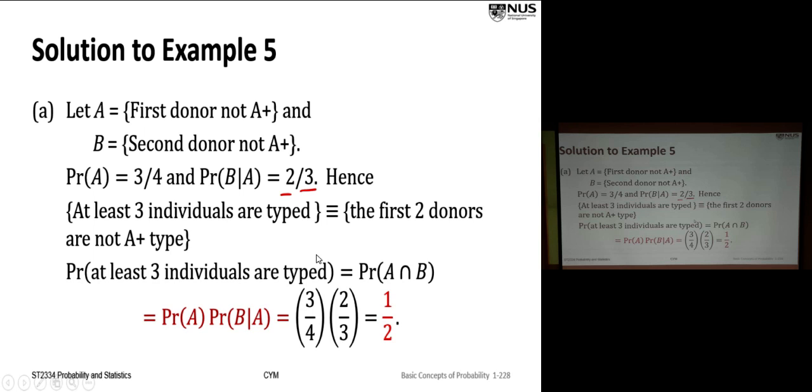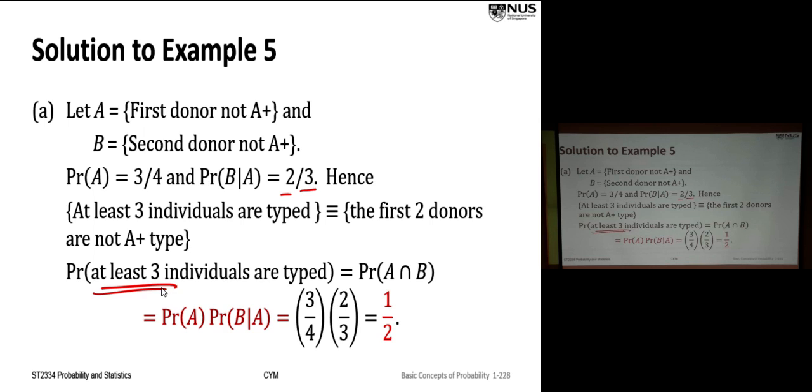So at least 3 individuals being typed is equivalent to the first 2 being non-A+. Because if the first 2 are non-A+, then the A+ must occur at the third donor or the fourth donor. That fulfills the at least 3. You can have 4 individuals or 3 individuals being typed, at least 3.